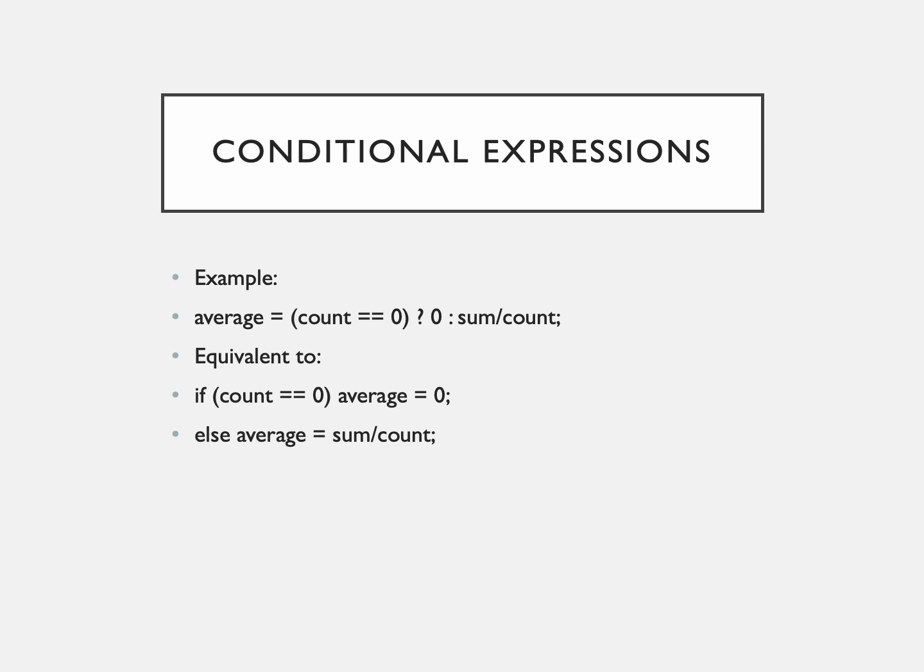The ternary version, however, is much more compact and is ideal for simple decision making in expressions, and it helps reduce code length and improve readability when conditions are straightforward. However, it's important to remember that overusing the ternary operator in complex conditions can make the code hard to read and maintain.